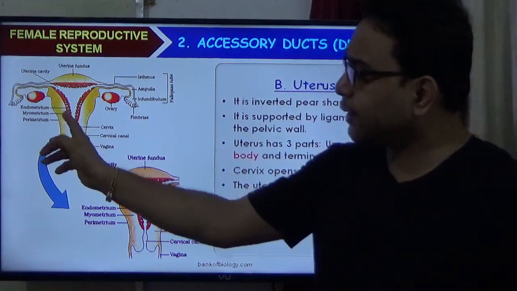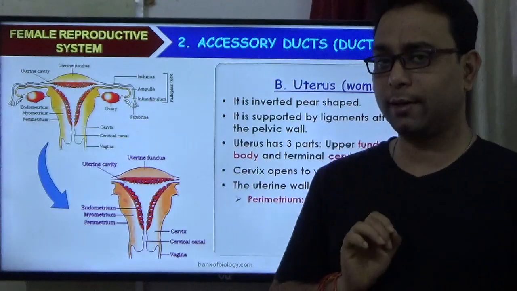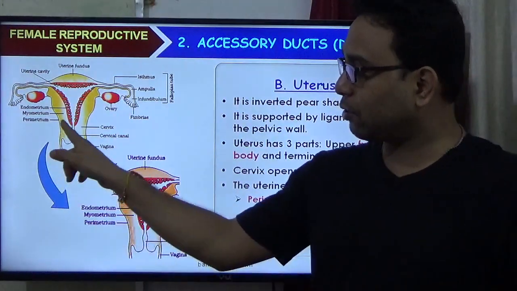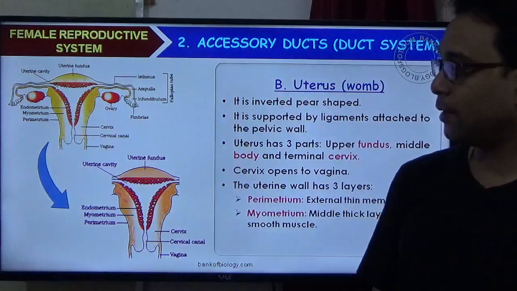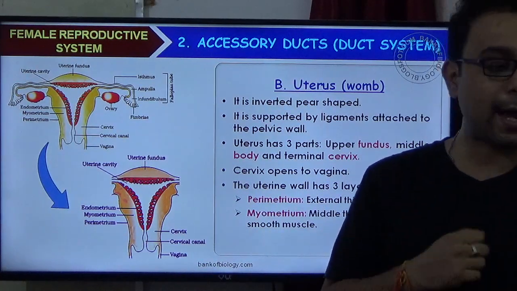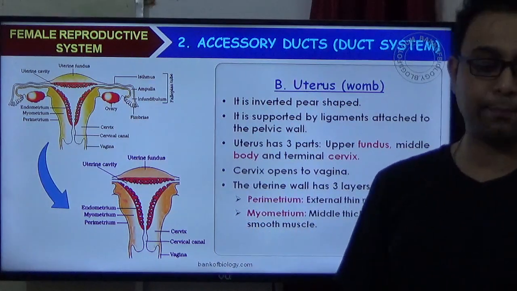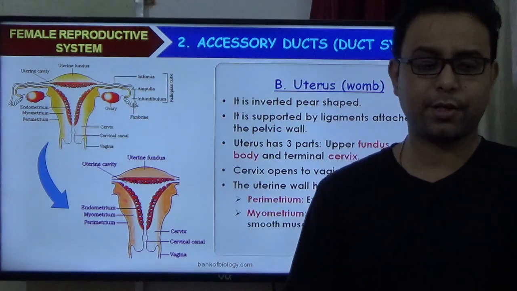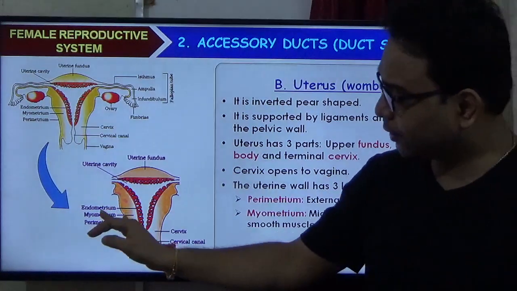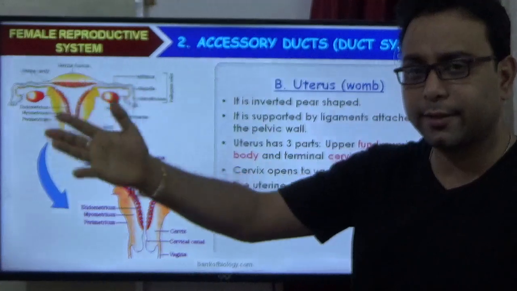But you know, in the NCERT book, the uterus has three walls. The external wall is called the perimetrium, the middle layer is called the myometrium, and the inner membrane is called the endometrium. The perimetrium is comparatively very thin, a very thin layer just outside.